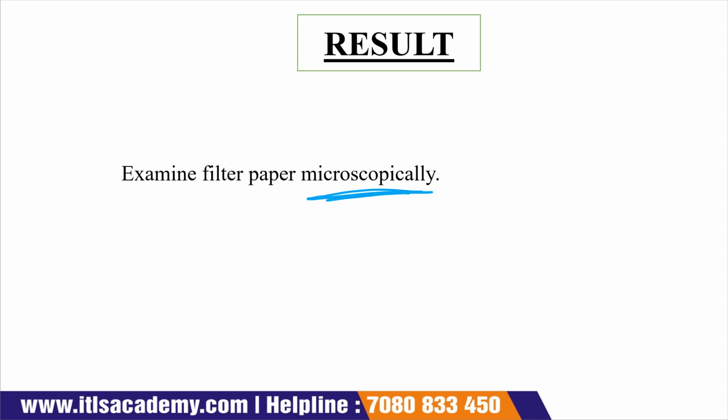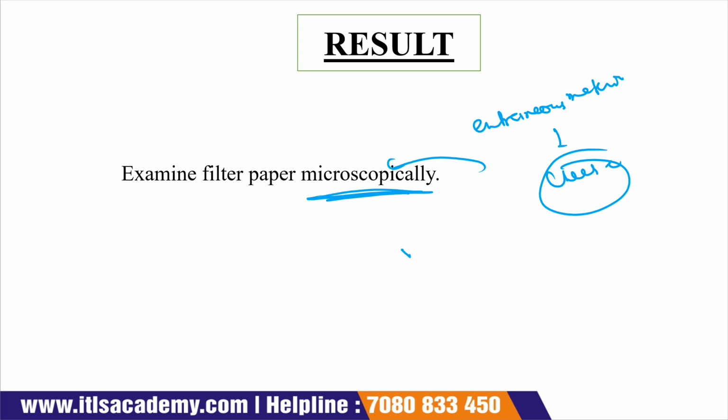If there is any extraneous material present in the cheese, then it will be shown under the microscope, because it will be present on the filter paper, and when we see the filter paper under a microscope, it can be visible. So this is all about the determination of extraneous material in cottage cheese.